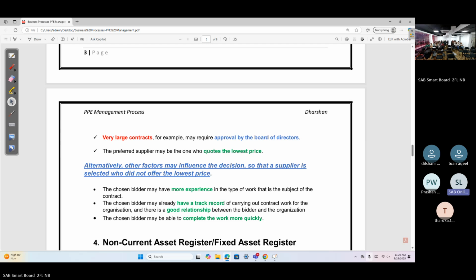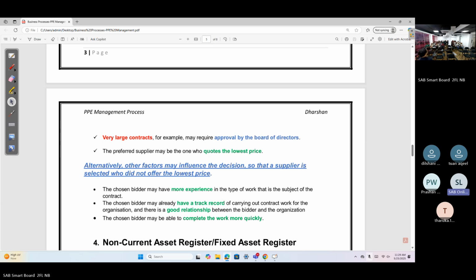Okay, so normally which supplier should we select? C, because he is the lowest at 8.5. But we have selected B or A because the difference is only 1.5 million, 500,000. Let's say we have selected B.